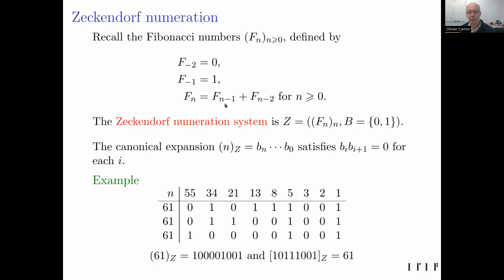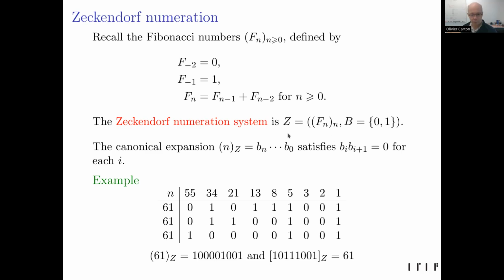It gives the sequence 1, 2, 3, 5, 8, 13, and so on, as usual. The Zeckendorf numeration system is this sequence starting from 1, 2, and the digit set is 0, 1. The canonical expansion is the greatest for the lexicographic ordering, which means here that it has no occurrence of 2 consecutive ones.